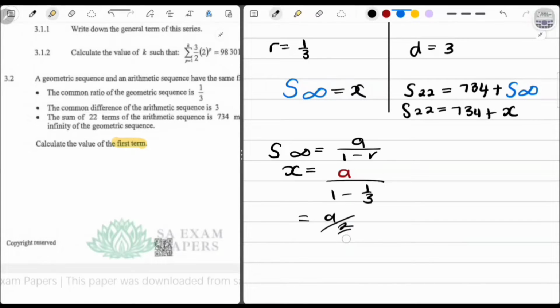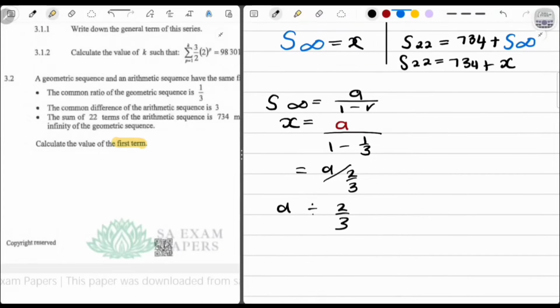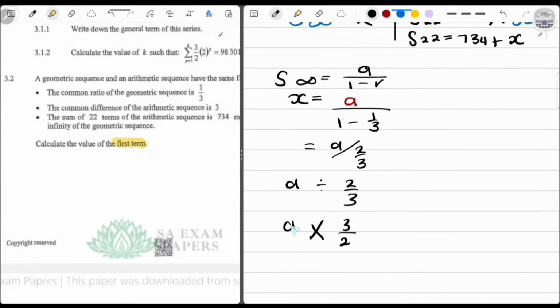And if you simplify this, and let me actually simplify it here because you can't really do this on the calculator, it's the same thing as saying a divided by 2 over 3. So if you're dividing by a fraction, you're going to leave this exactly as it is, and you're going to tip the second fraction. So you swap the numerator and denominator, and then turn that into a multiply.